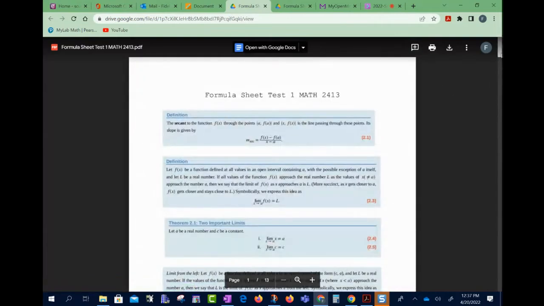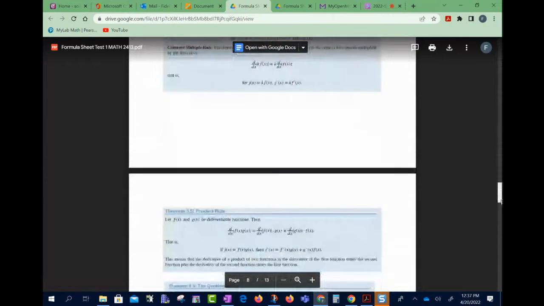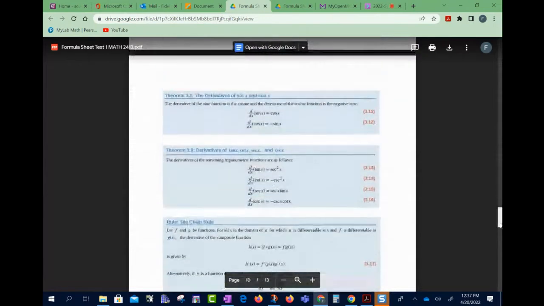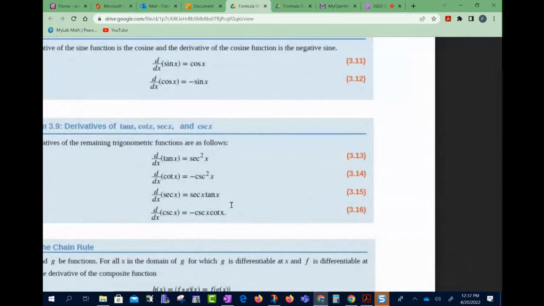Because when I start looking at derivatives, let me see if I can find it. Here we go. So when I look at this part right here, remember what this means. The derivative of secant is secant times tangent. So wouldn't the antiderivative of secant tangent just be secant? Does that make sense? So that would be my approach.